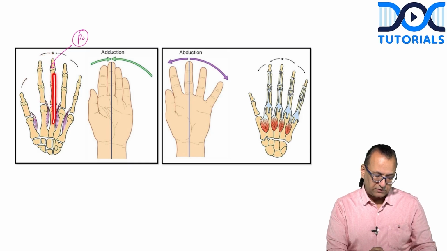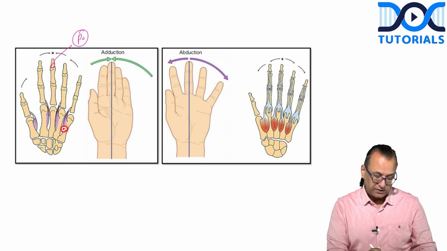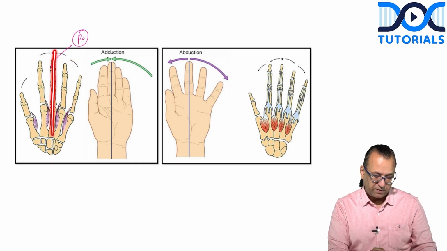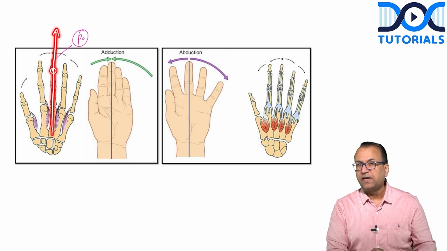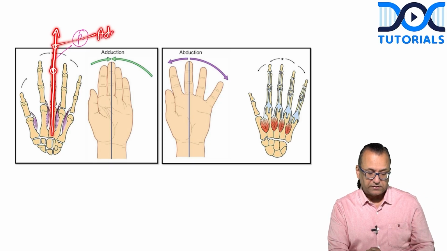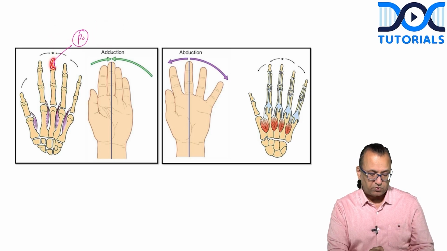Why is there no attachment of palmar interossei here? As you see, this palmar interosseous is pulling this finger to the midline, this one pulling this finger to the midline, but why is there no attachment on the middle finger? Because the middle finger is the axis, it is always in adduction, and because it is always in adduction, it does not require any palmar interossei, hence P0.